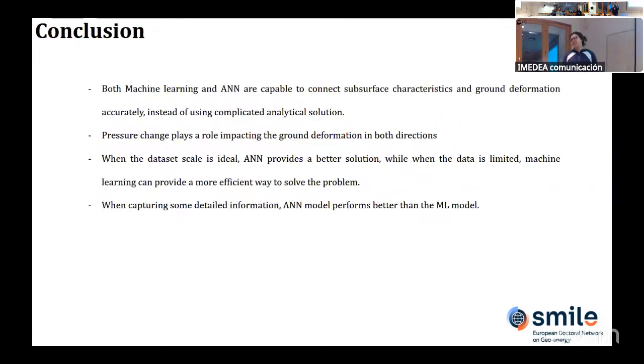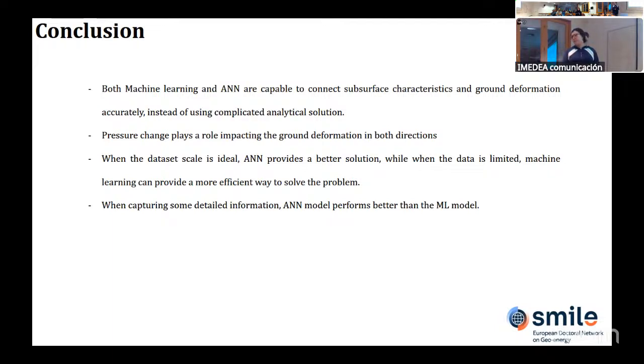So here it gives us the conclusion. First, both machine learning and ANN models can help us to connect subsurface characteristics to the ground deformation accurately, instead of using a very complicated analytical solution. Then, pressure change also plays a very important role in impacting the ground deformation in both X and Y direction.